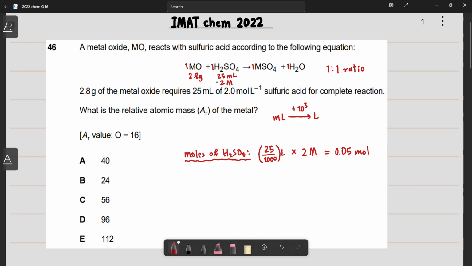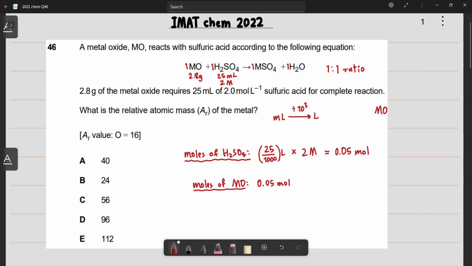All right, so now I'm going to use this mole. This mole reacts with this metal oxide. So since I know it's a 1 to 1 ratio, the moles of a metal oxide, which is this, is going to be 0.05 mole because I know it's a 1 to 1 reaction. Okay, so this is how it is.